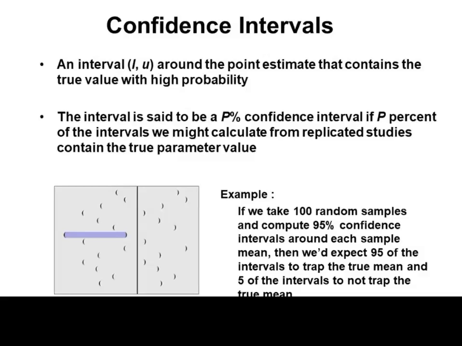Let's suppose you repeated this. You took 100 different samples, and around each sample estimate, the estimates are changing, but the confidence interval is calculated around that estimate. Now, let's suppose this line happens to be the true value of what you're trying to estimate. We would expect that not all of the 95% confidence intervals are going to contain the true value. Specifically, out of 100 intervals, we would expect roughly 95 of them to include the true value. 5%, like this one as an example, would not contain the true value.